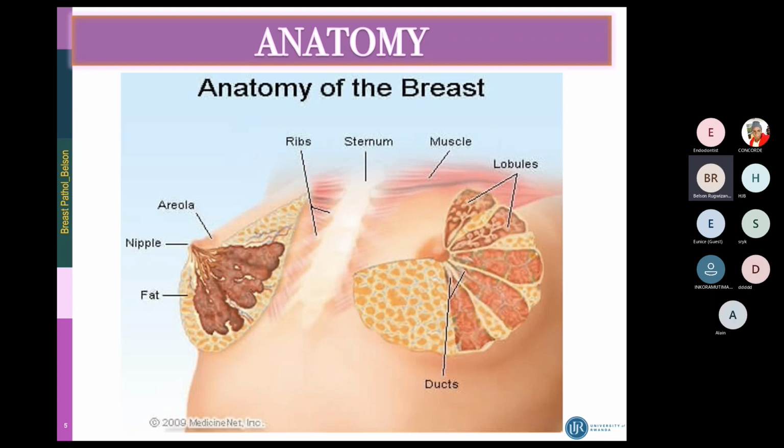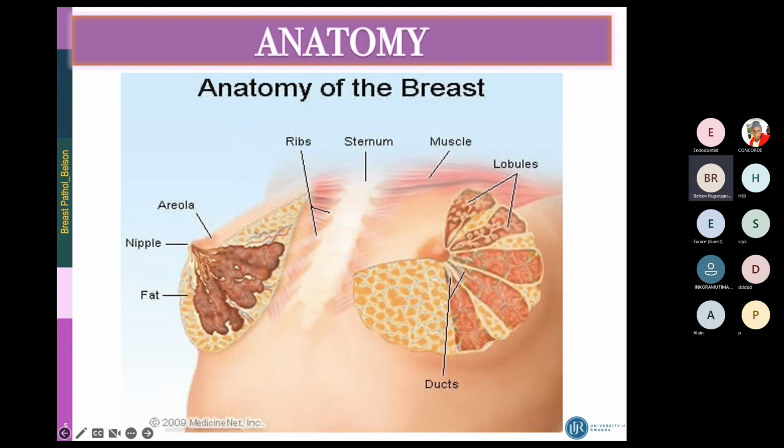So, the anatomy of the breast. You remember in embryology that the breast is actually a derivative of the skin. So it shares some features of the skin, although of course it has specialized glands which make milk. The glands are organized into lobules, and the milk is excreted through the tubules or ducts.